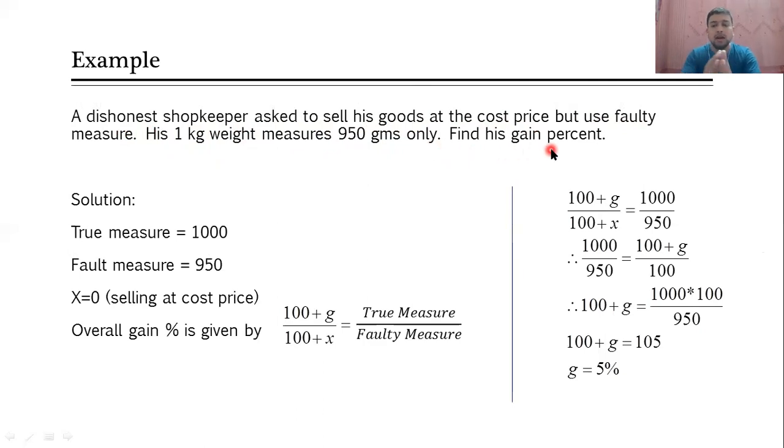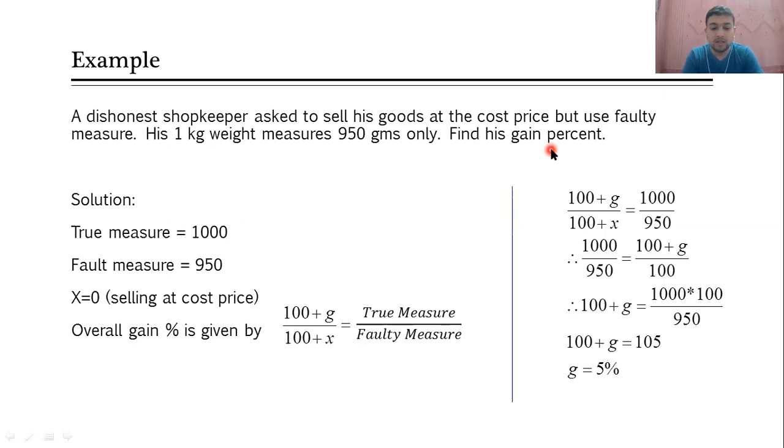So there is one shopkeeper, he is dishonest. Let us say the government asks him to sell his goods at the cost price only. That means the shop should run at no profit, no loss terms. But for measuring purposes, he is using a faulty instrument. On that instrument, instead of 1 kg, it measures 950 gram.